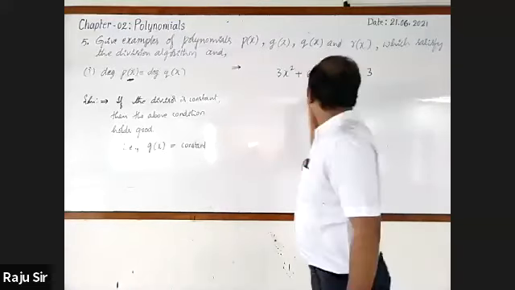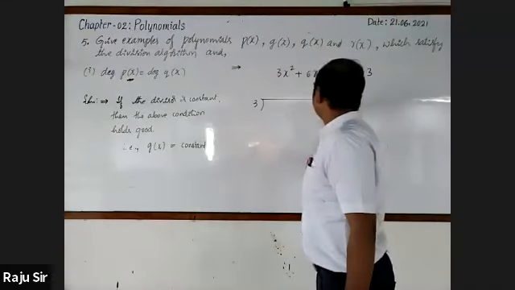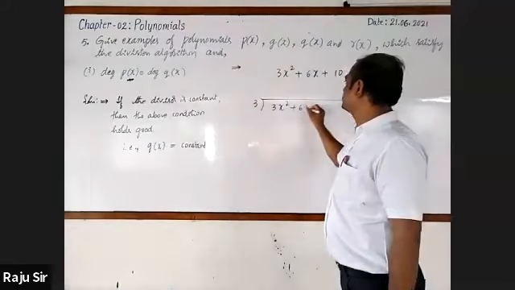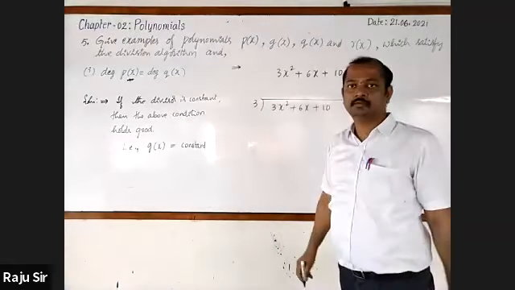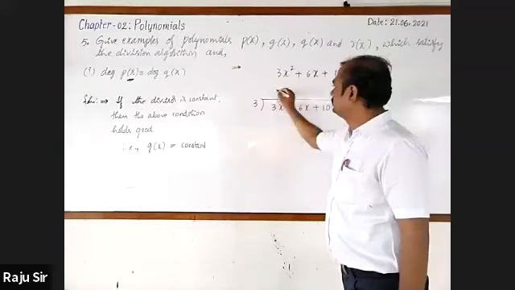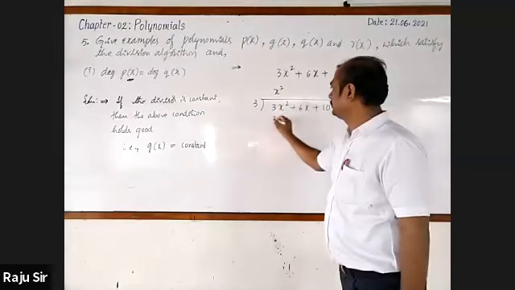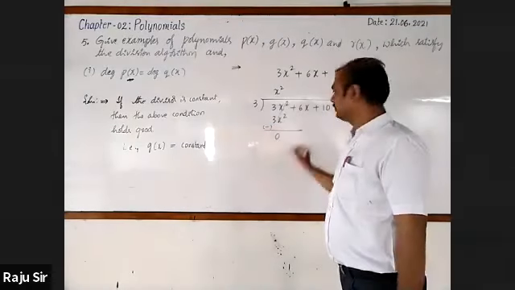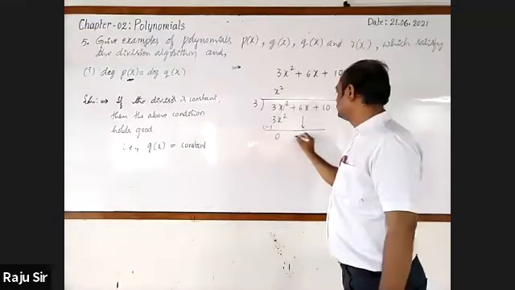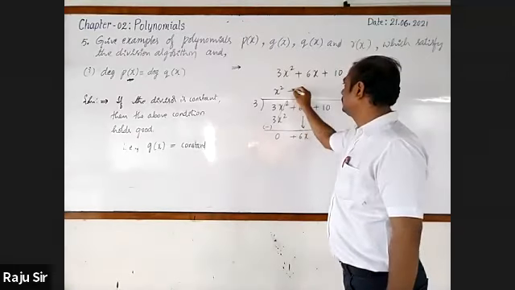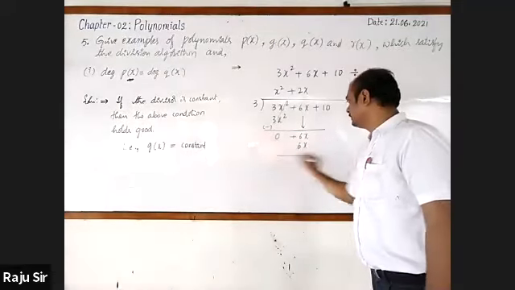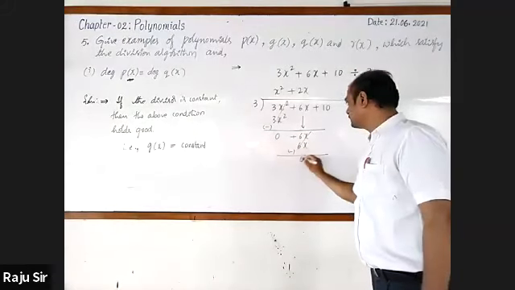Now from 3 let us start dividing. 3x square plus 6x plus 10. Now 3 into x square, 3x square, minus, gets cancelled, 0. Then carry out 6x. 3 into 2x is 6x. Change the sign, gets cancelled, 0.